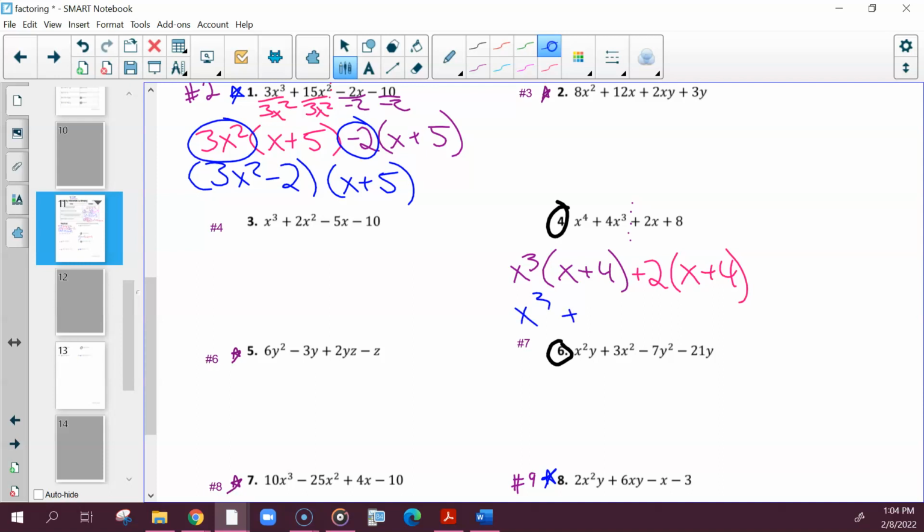X to the third plus 2. And then x plus 4. So it looks complex because there's a whole lot of numbers and variables and exponents, but it's really the same thing we were doing before, just double now.